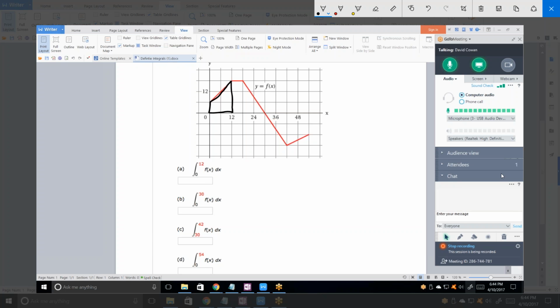Well, I can break that down into, let's see, this must be 18. That must be 6. I can do this as trapezoids or rectangles. Trapezoids is really the best way to do it. For one thing, you want to get in the habit of doing trapezoids. Okay?